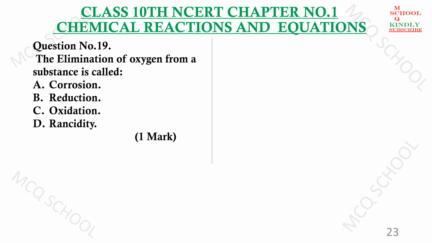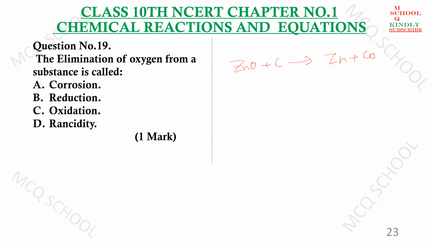Let us take new question number 19. The elimination of oxygen from a substance is called: corrosion, reduction, oxidation, or rancidity. So what's the answer from your side? For better understanding, let us write an equation. In this case, zinc oxide loses oxygen to form zinc, so it is reduced.